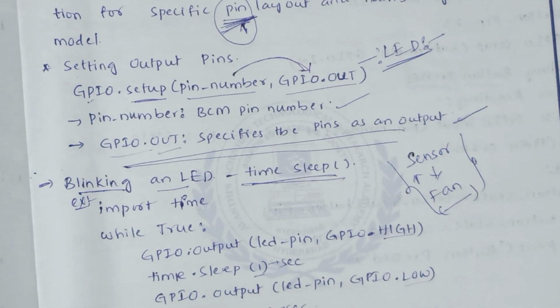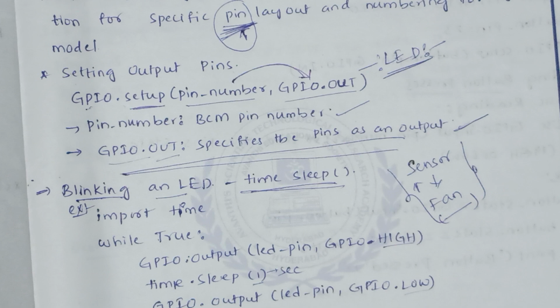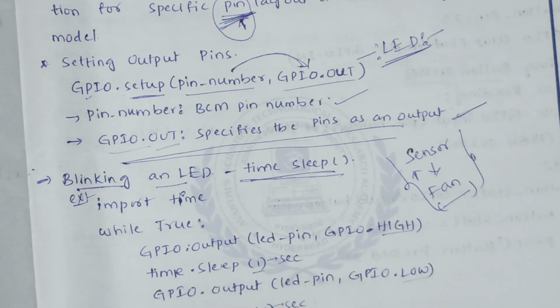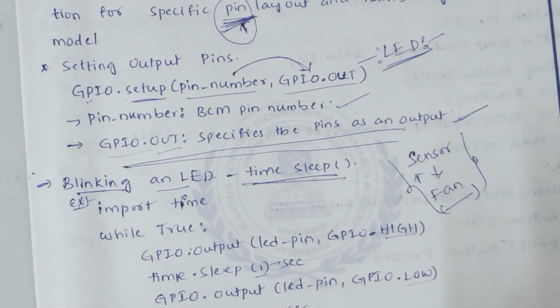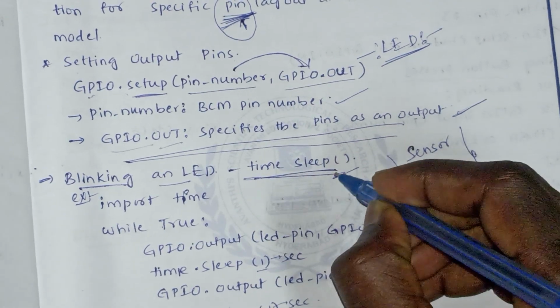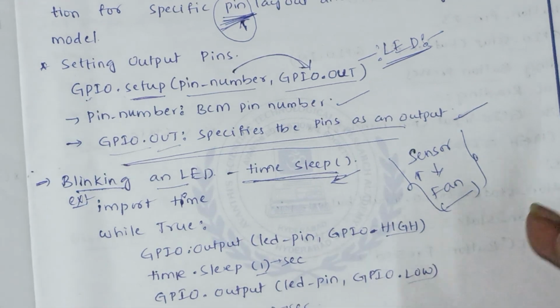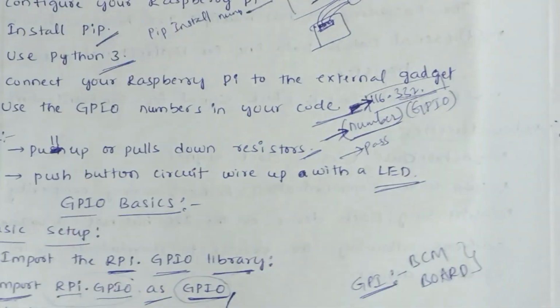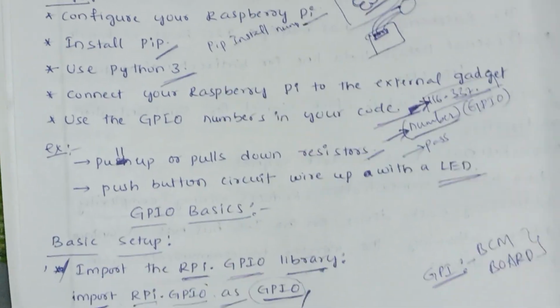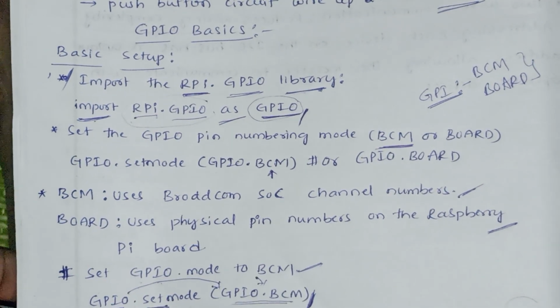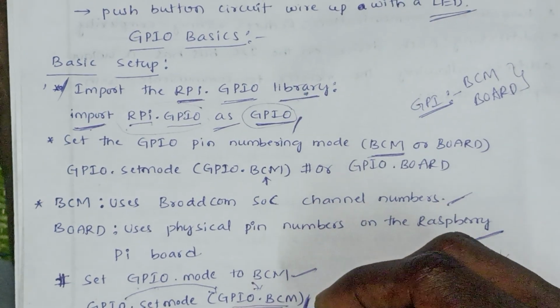before starting the LED program, we have to import the GPIO basics. Again, in every example we have to initialize the GPIO setup, but for the LED it is the same as previous. See here, this we already discussed, right? One second, see here, the basic steps. Up to here we have to take.